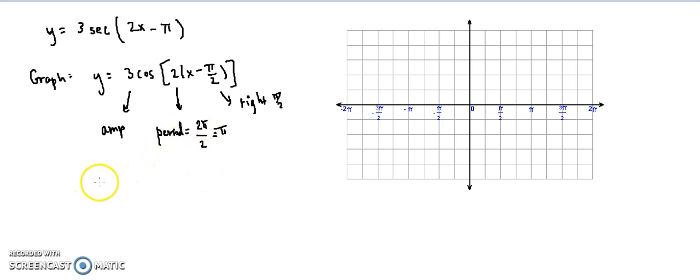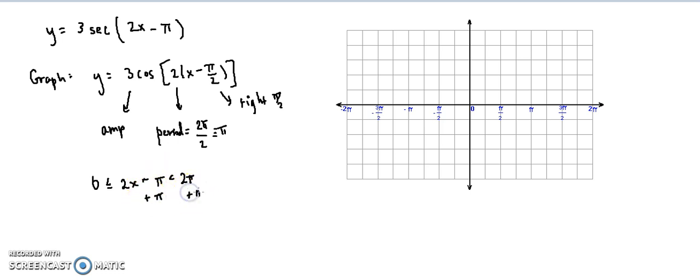Or remember, you can also say that whatever's inside those parentheses would go between 0 and 2 pi. Okay, we can go back to here or to here, either way. We can say that that would start between 0 and 2 pi and figure out what x values would give us that, and we can solve that.